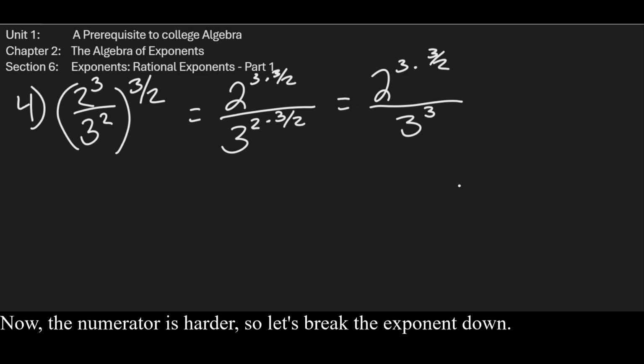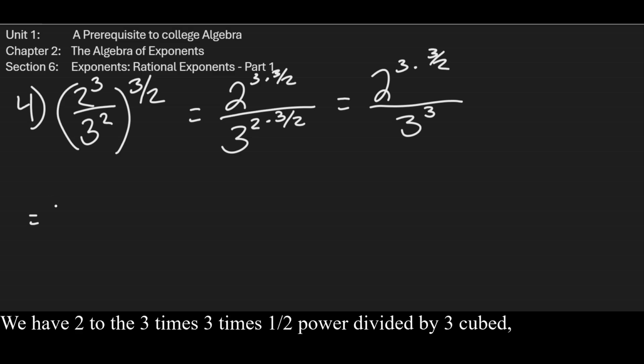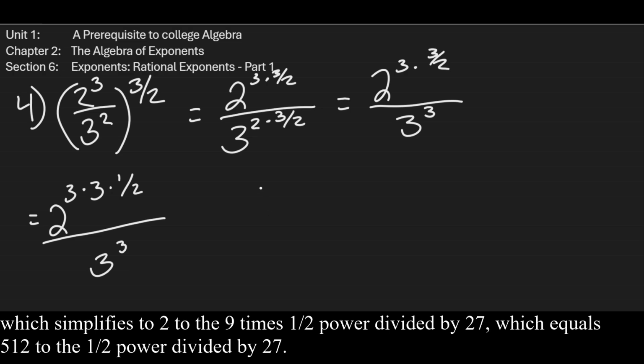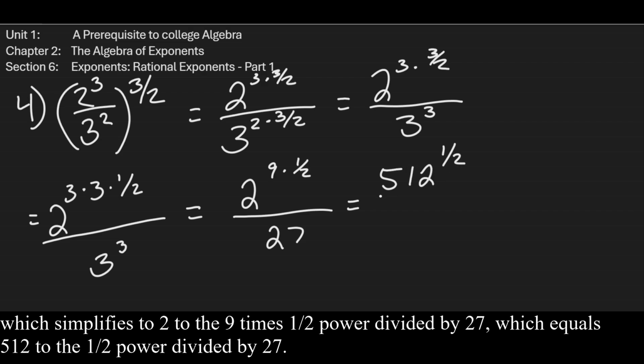Now, the numerator is harder. So let's break the exponent down. We have 2 to the 3 times 3 times 1/2 power divided by 3 cubed, which simplifies to 2 to the 9 times 1/2 power divided by 27, which equals 512 to the 1/2 power divided by 27.